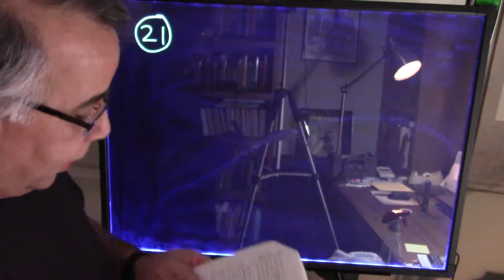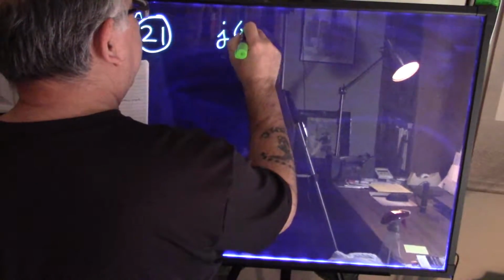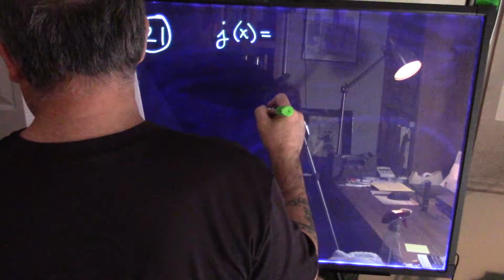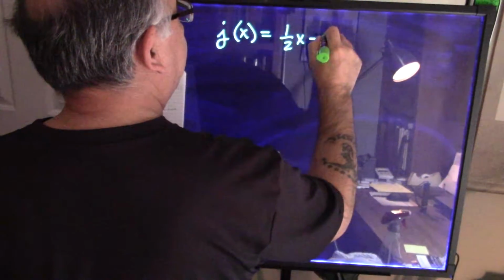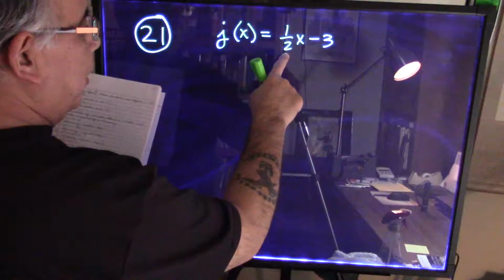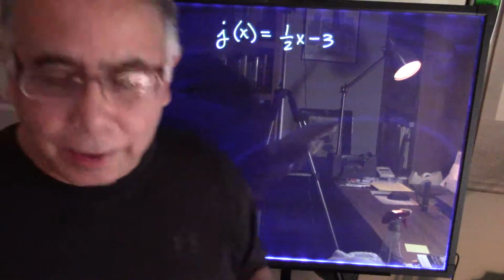Number 21. J of x is one half x minus 3. So the slope is 1/2. Positive, so it's increasing.